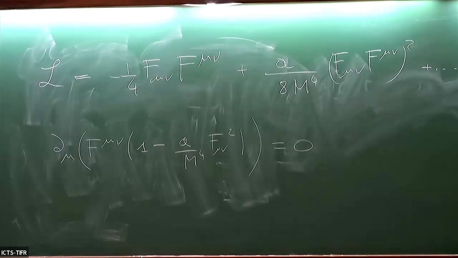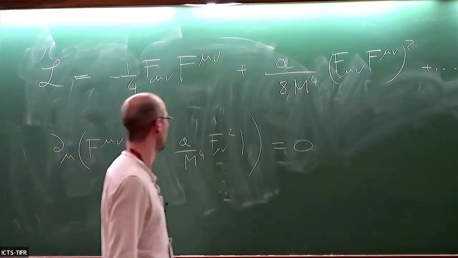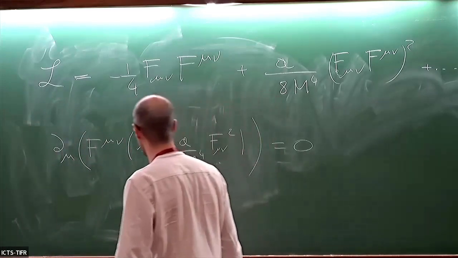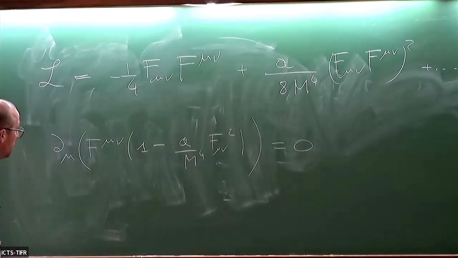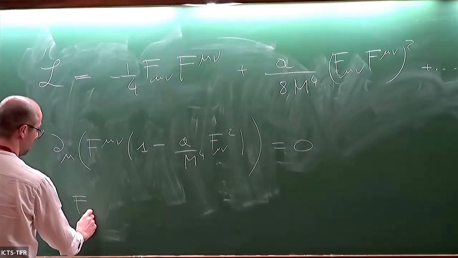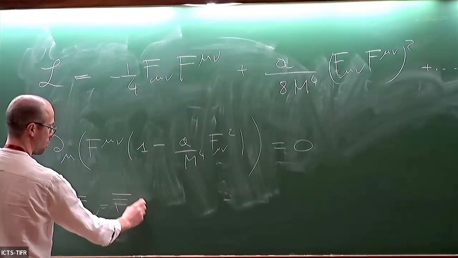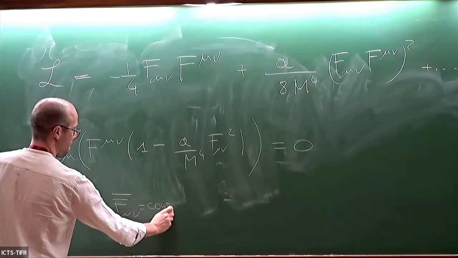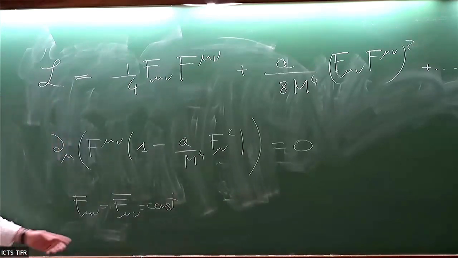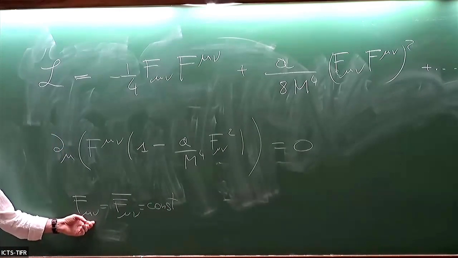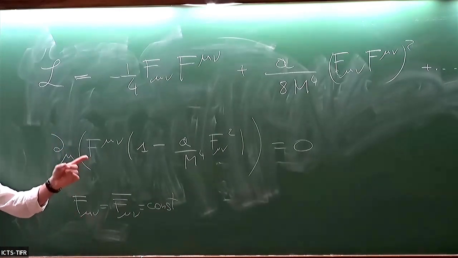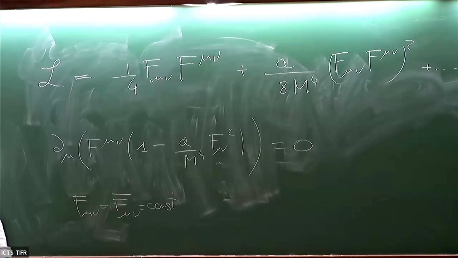So an obvious background solution is F mu nu constant. This is an example where you can definitely trust the solution, right? This is a constant magnetic field pointing in some direction. We believe this is a good solution since Maxwell, or a constant electric field pointing in some direction.